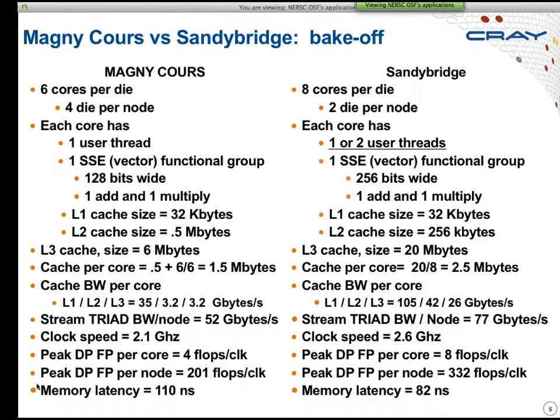Cache bandwidth per core. L1, L2, L3 on Magny-Cours was 35, 3.2, and 3.2 gigabytes a second per core. I think this is all cores firing simultaneously. On Sandy Bridge, it is 105, 42, 26.